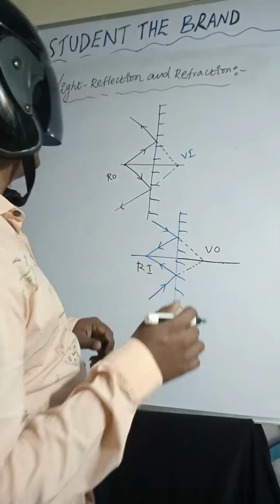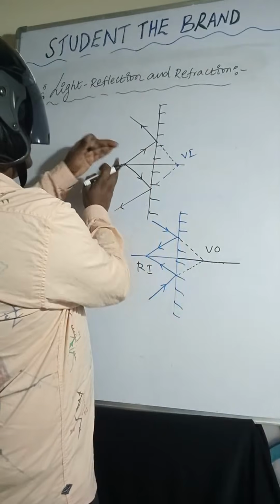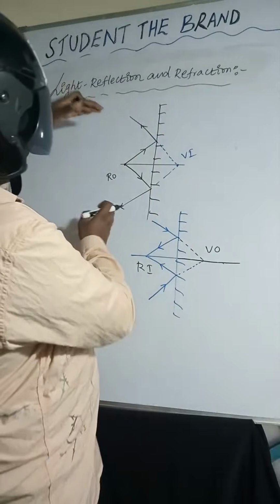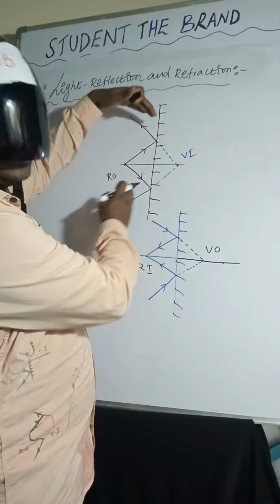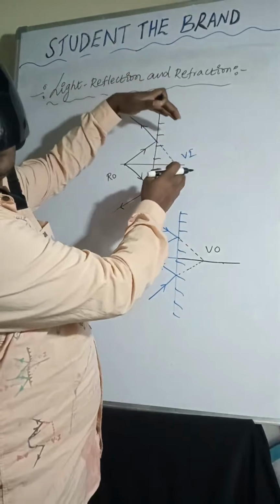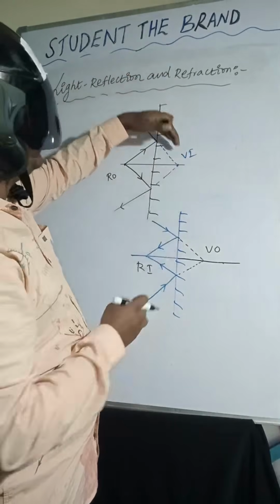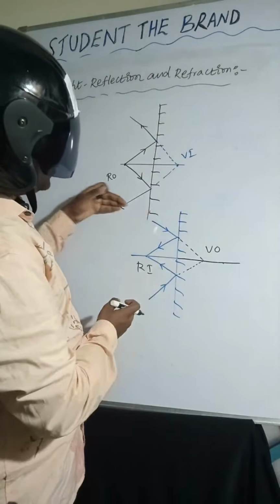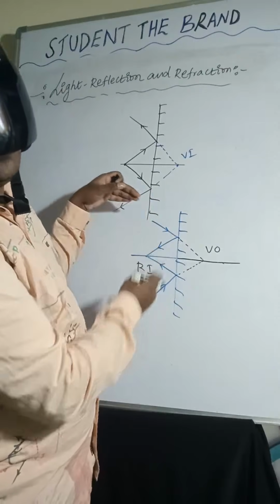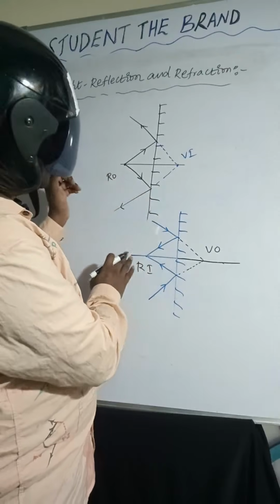Now observe. From this point, light rays are coming and after reflection they move away. If we extend the reflected light rays, the extended reflected light rays meet at one point and their image is forming. That's a virtual image. Here, the reflected light rays directly meet, and their image is forming.